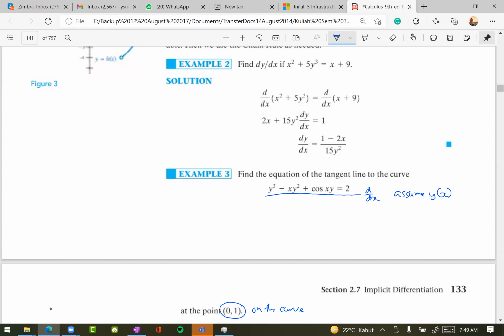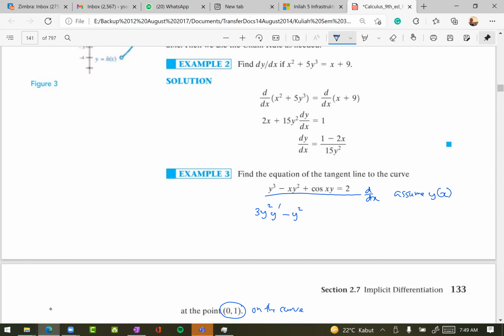What is the derivative of y cubed? Here, the y squared and what? y prime. Right? Here, this is a product, so use the product rule. The derivative of x is 1 times y squared.